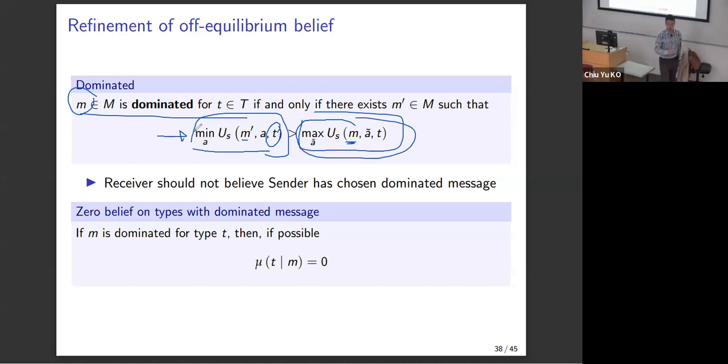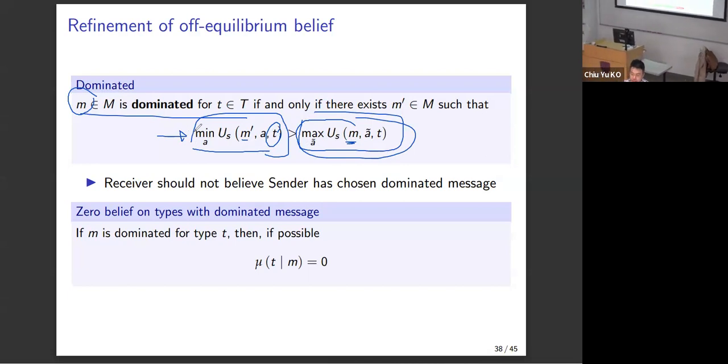So that means this message is stupid. Even if I envision a world with the most favorable action for me, this is still not good. Let me repeat this, it's a little bit convoluted.